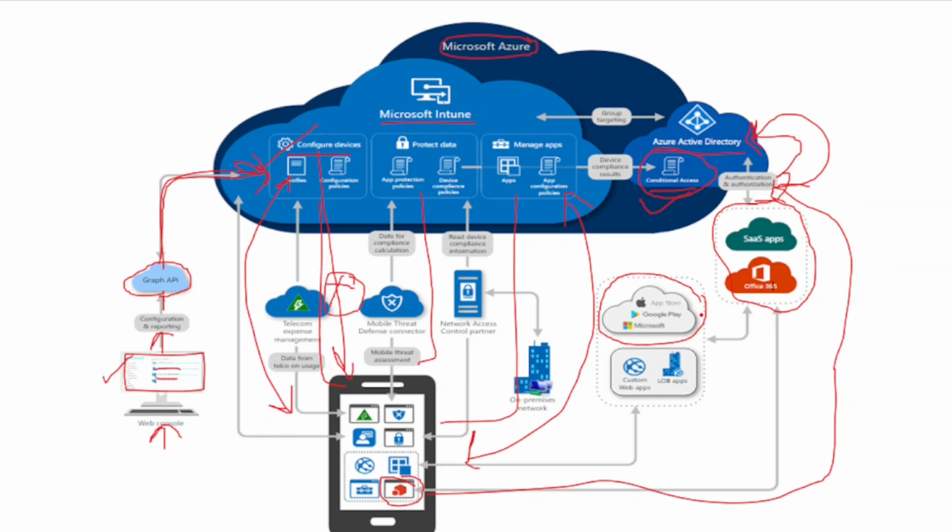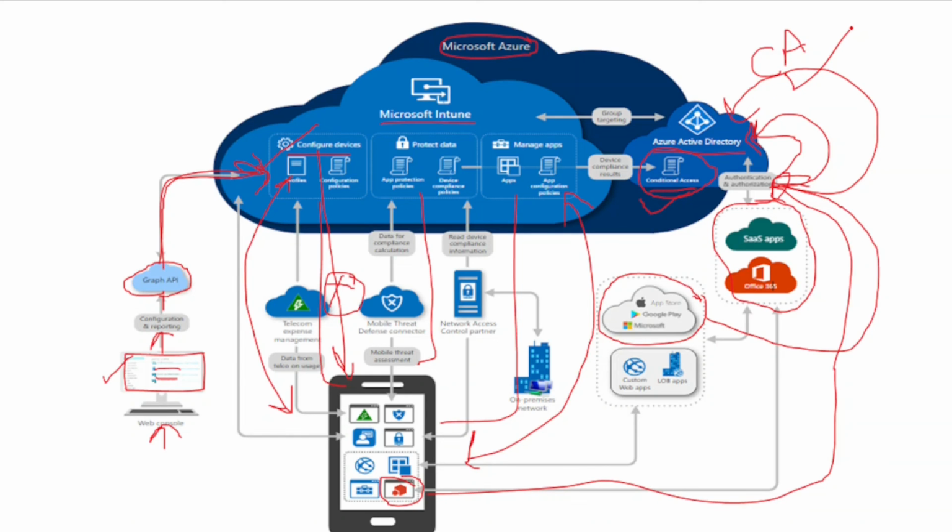The user is using any of the apps, and this app is going to connect again with the identity provider, in this case Azure Active Directory, to get the authentication and authorization. If Azure Active Directory is going to authenticate and authorize after checking conditional access, then our user is able to use that application, otherwise not. So this is a kind of secured access.